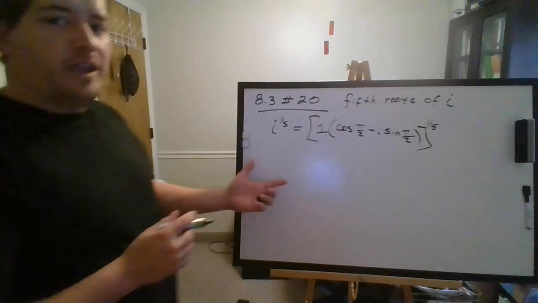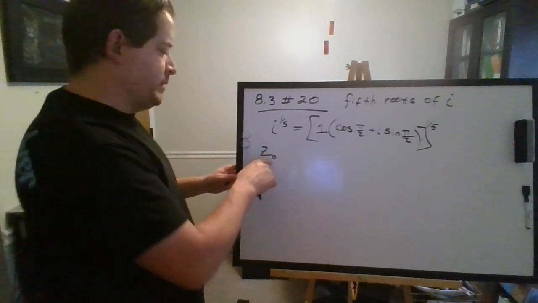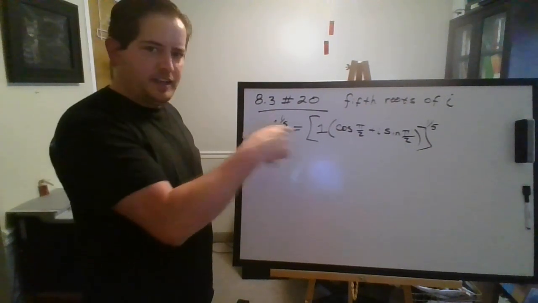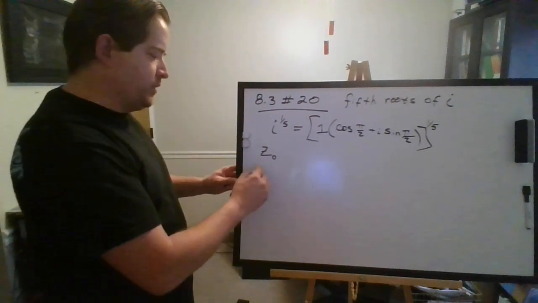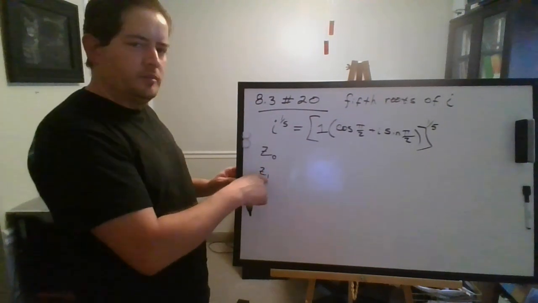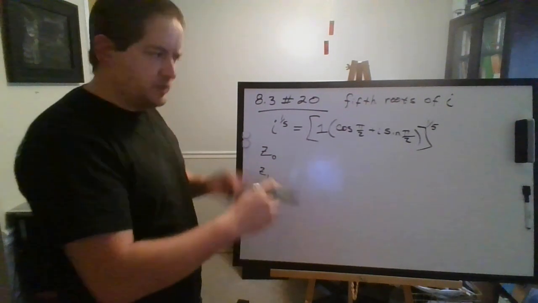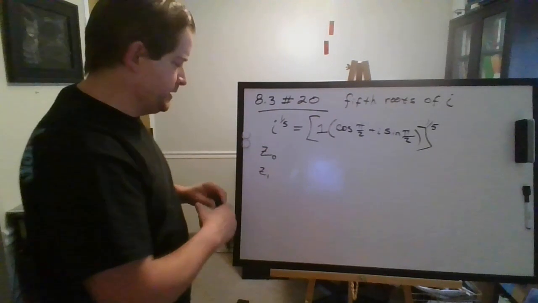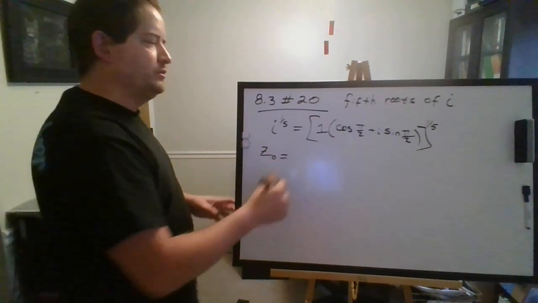So I'm going to get 5 answers out of this. The first one's going to start at Z0. My index is 0 because I'm going to add nothing to the angle that I get. The next one will be Z1 because I'm going to add 1 multiple of something. And then the next one's Z2 because I'll add 2 multiples of something, and we'll talk about that when we get to it. But Z0 is my first solution here.